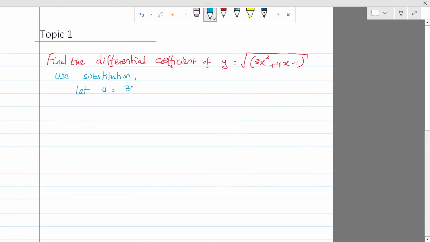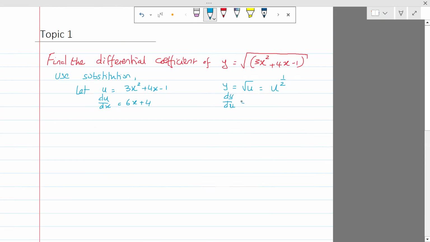Let u be 3x squared plus 4x minus 1. What becomes du by dx? 6x plus 4. Then y becomes square root of u, which becomes u power half.